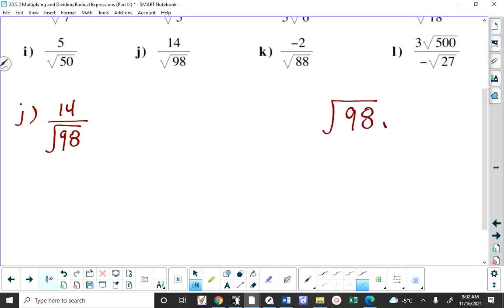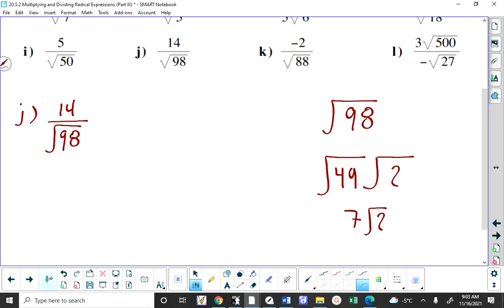Now, well, I know what the numbers are. Can you tell me which perfect square divides into 98? 49, and it goes in twice, correct? Which means that root 98 is 7 root 2.